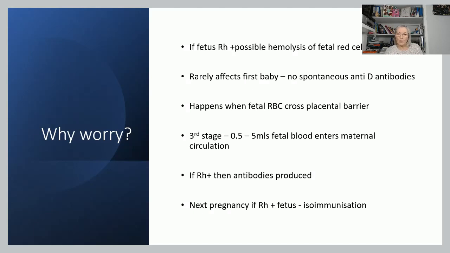Okay, if you have a rhesus positive baby, then those antibodies will be produced at that point, so they will already be in the maternal system. So when the woman falls pregnant the next time, if that fetus is rhesus positive, the body will instantly see this as an issue and set up that response to attack those fetal cells.